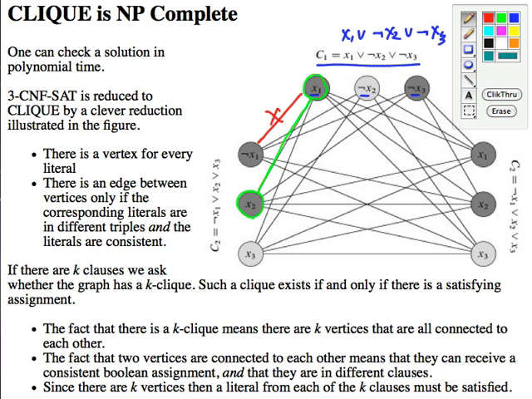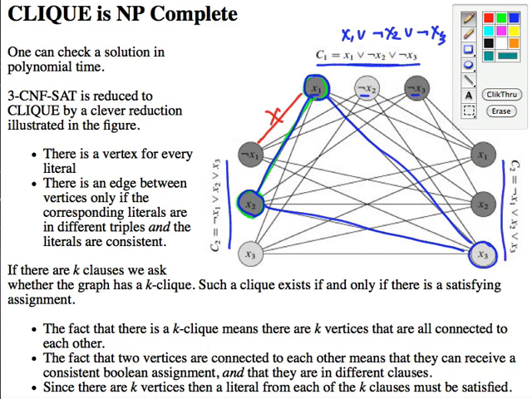So finally, we just ask whether this graph has a k-clique, where k is the number of clauses. If it does, if you can pick 3 nodes in here, this means that it is possible to give these 3 variables Boolean values that satisfy all 3 of these clauses.